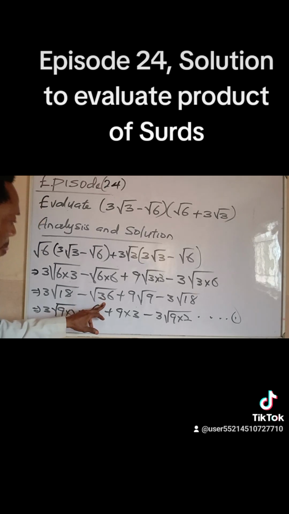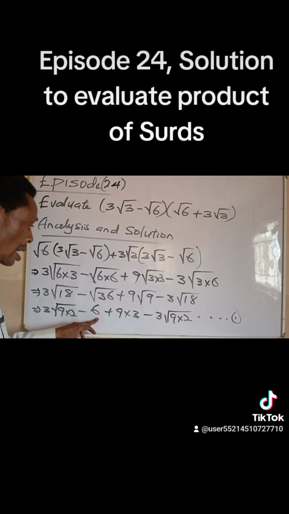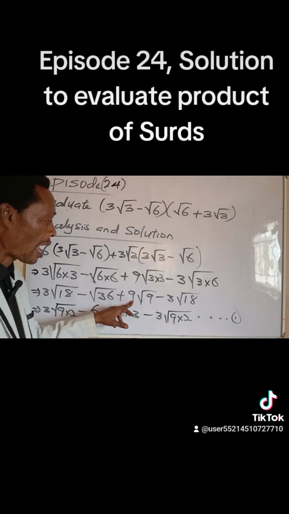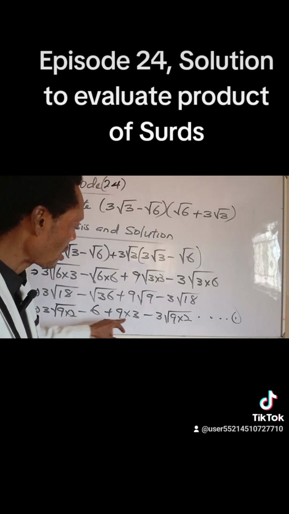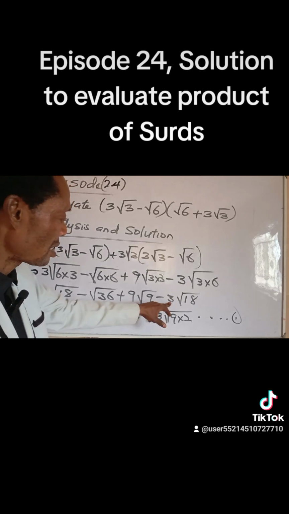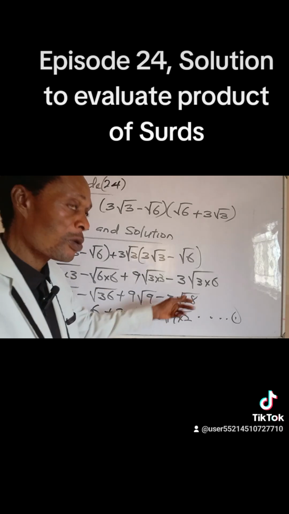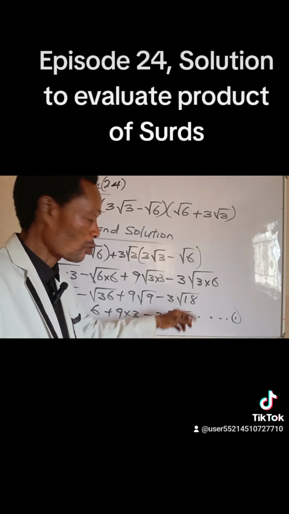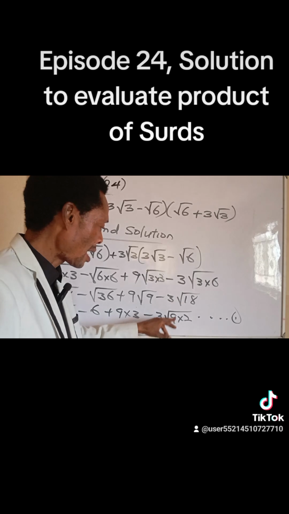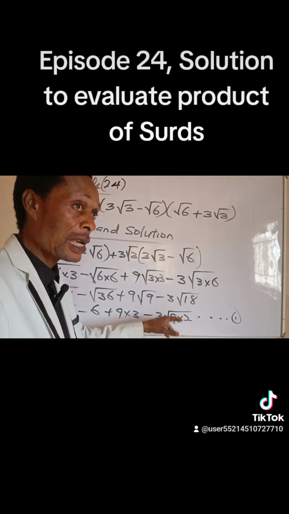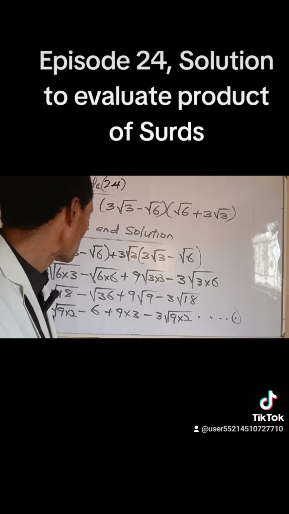The square root of 36 is 6, the square root of 9 is 3. We look for two factors, 9 and 2, that give us 18, and 9 is a perfect square.